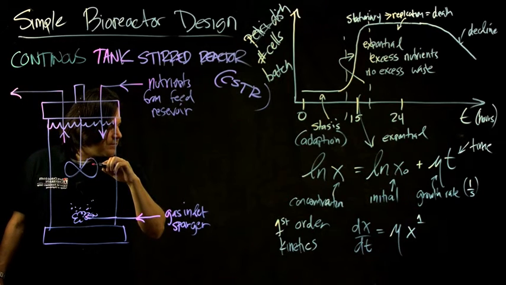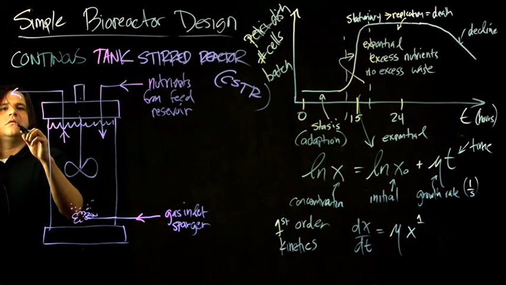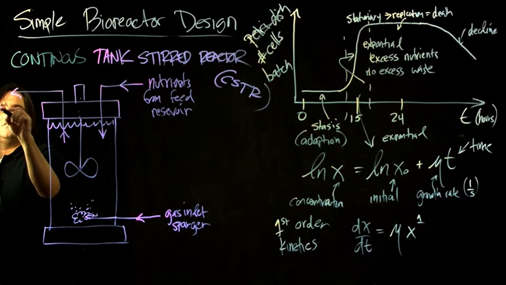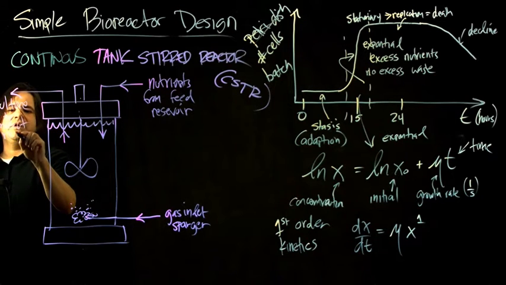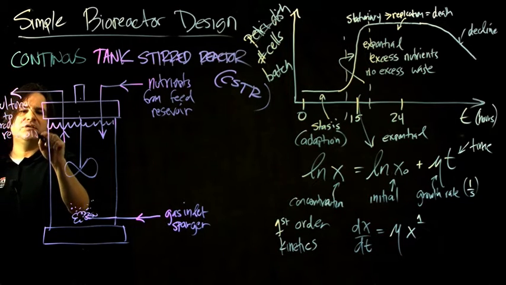So this would be the culture, the finished culture, to the product reservoir. So the product is a culture, and then you're pumping it out constantly in a continuous fashion.